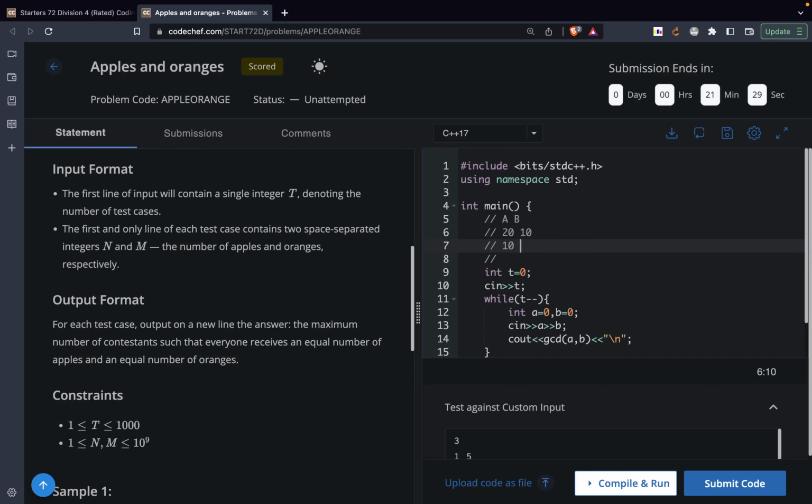If I have 10, then I can say 10 divides the first element, that is 20, and 10 obviously divides 10 as well. So that would mean I can distribute the things from a and b to 10 people. Why is it so? Because since 10 divides a and 10 divides b, when I divide a by 10, I'll get some integer values.